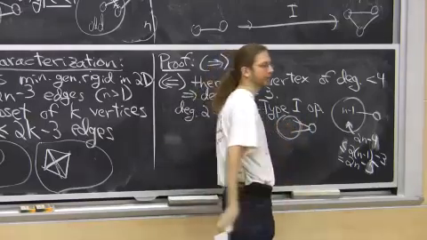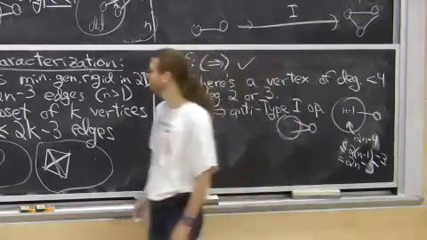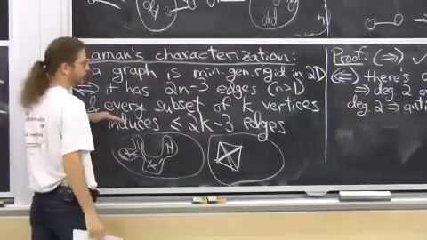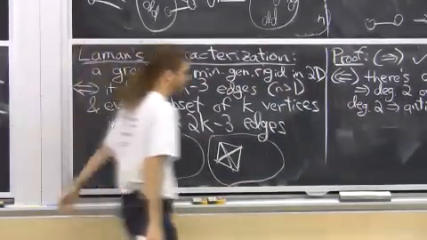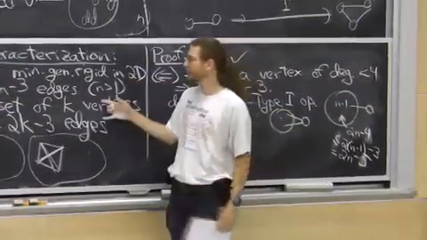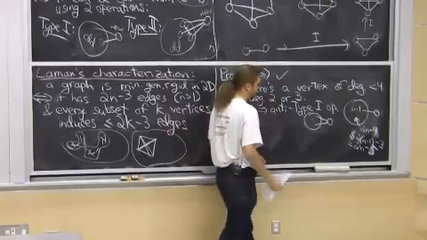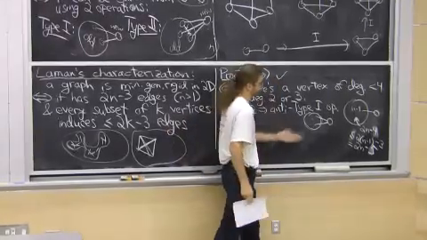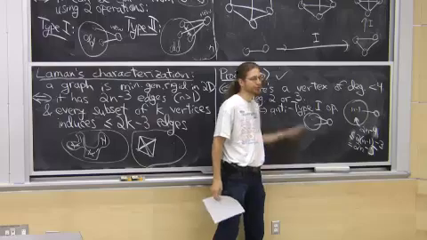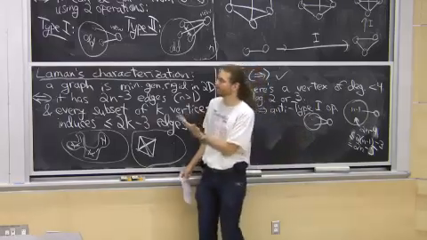And I want to induct on the rest. Now, what do I need to induct? I need to know that this property still holds on my smaller graph. When I remove this vertex, I want the remaining graph to still have this property. Does it have 2n minus 3 edges for the new value of n being n minus 1 now? Yeah, because I removed 2 edges, I removed 1 vertex. So it still has the right number of edges. We've already checked that.